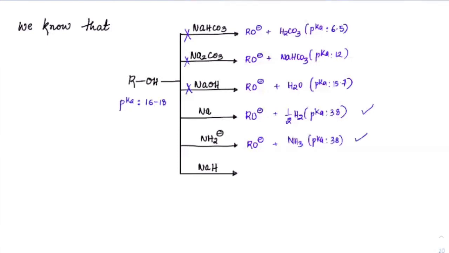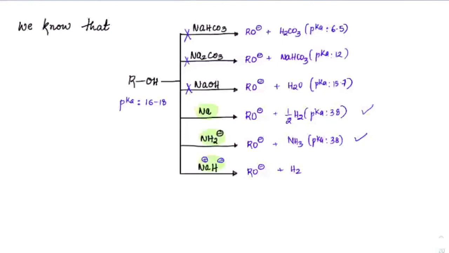This reaction will also take place. NaH, with Na plus and H minus, will also form RO minus plus H2. The reaction will take place because it is forming H2. So these are the three cases in which you can prepare alkoxides.